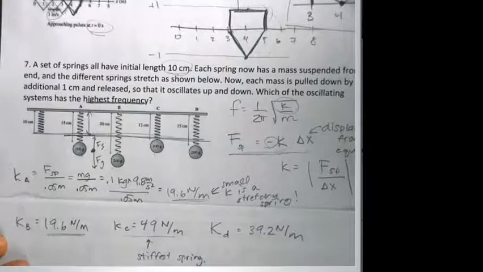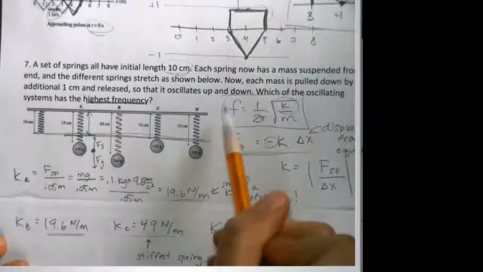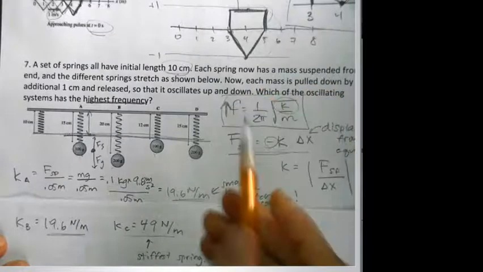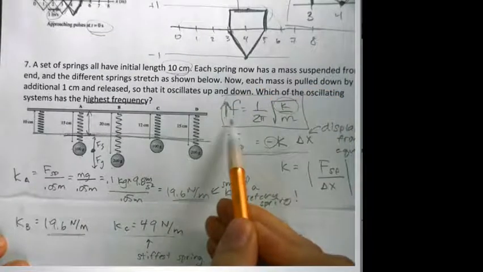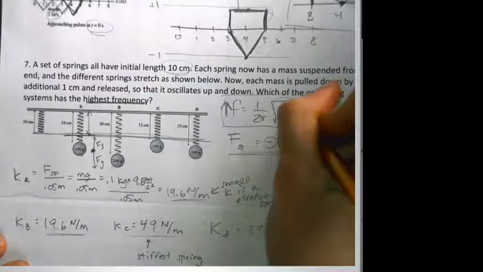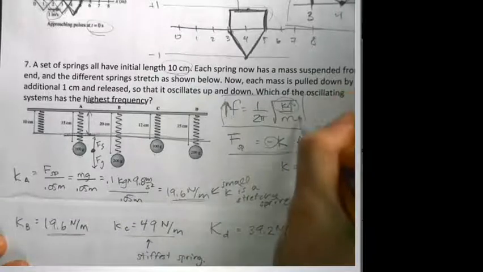Okay, so now let's return to this formula here. What we are looking for is we want to maximize F. We want to have the biggest F. And in order to have the biggest F, we want K to be big and M to be small.